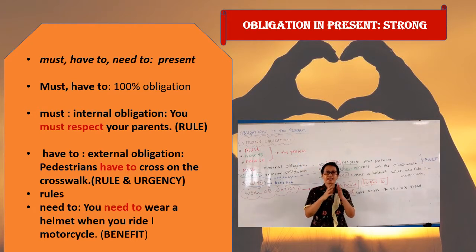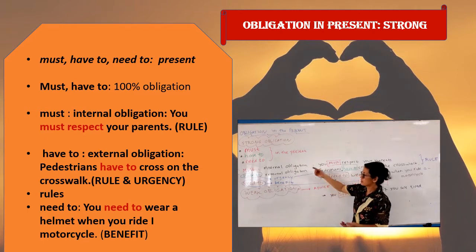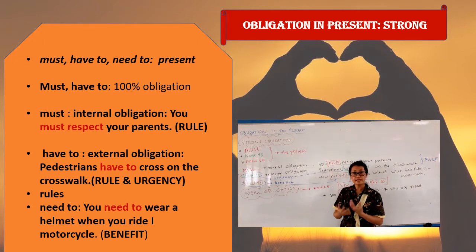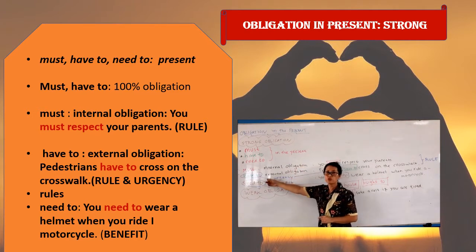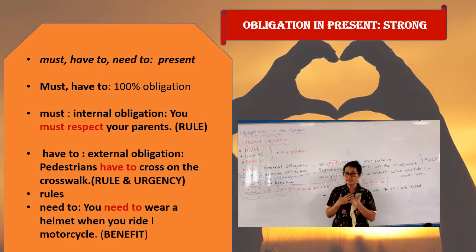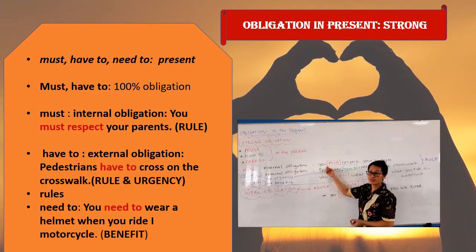Now let me explain further about the difference between some of them. Must and have to, they are different. Let's see. Must shows internal obligation. Have to shows external obligation. Internal means from inside. External means from outside. So let's start to understand.